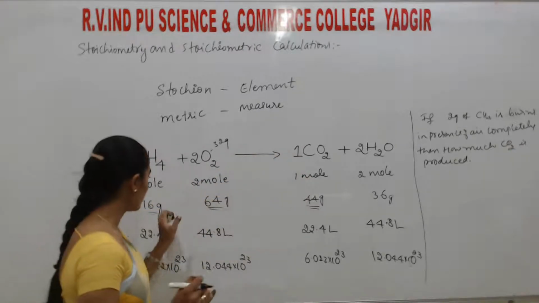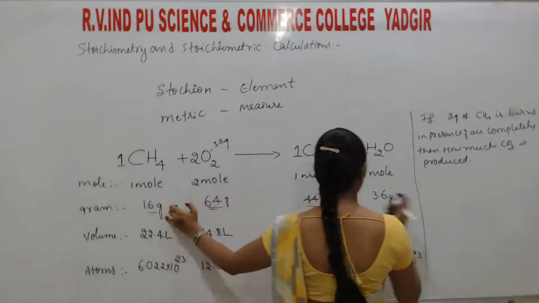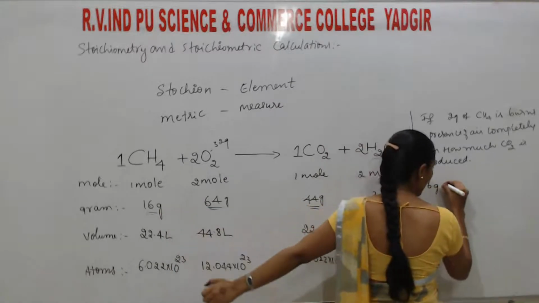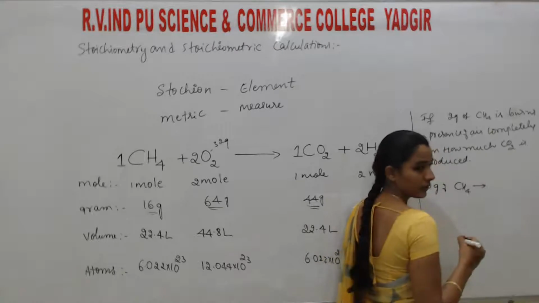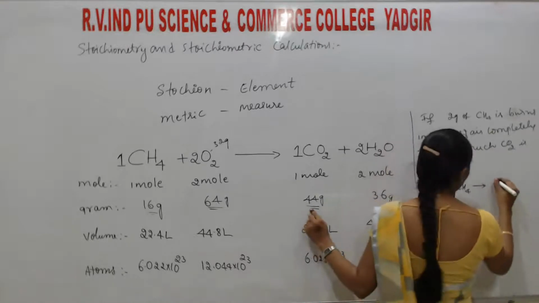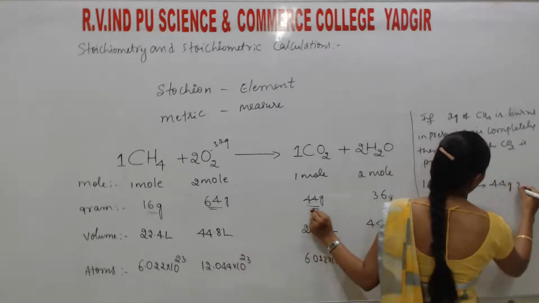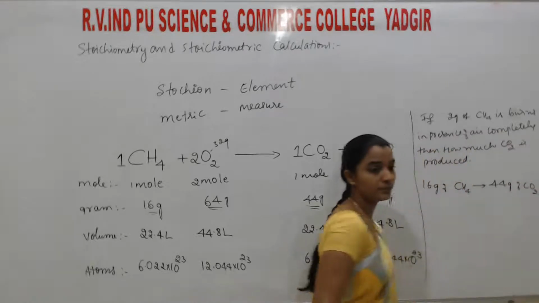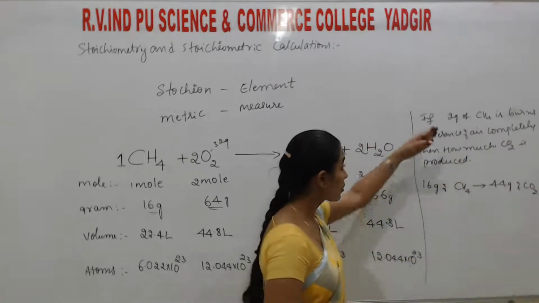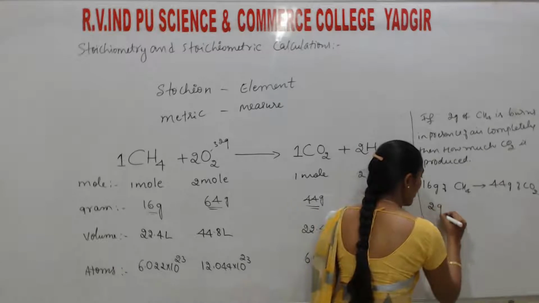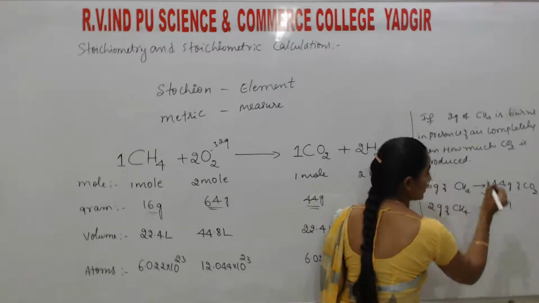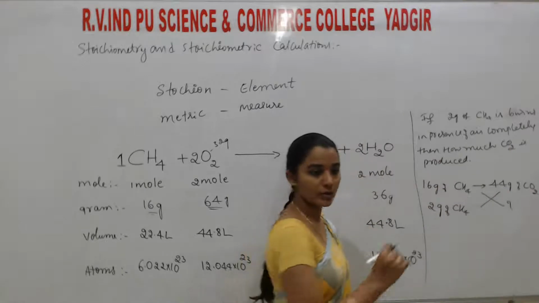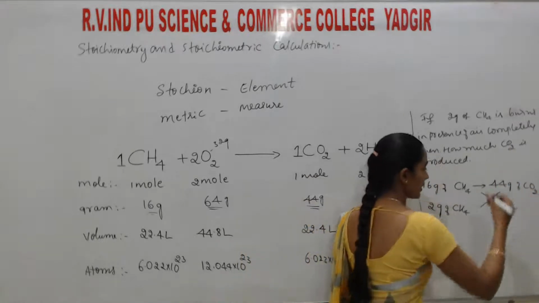By comparing these, students, consider these two values. 16 gram of CH4 gives how many grams? 44 gram of CO2. In the question they gave 2 gram of CH4. Then how many gram of CO2 will be produced? If you just cross multiply, you take it as x.